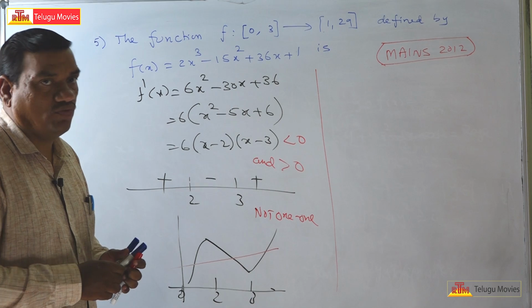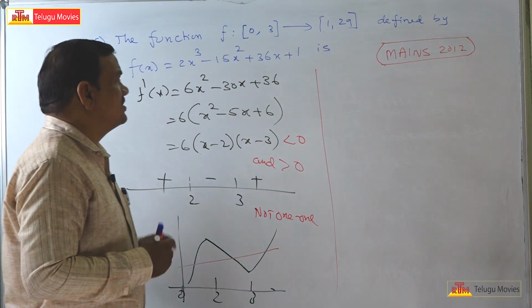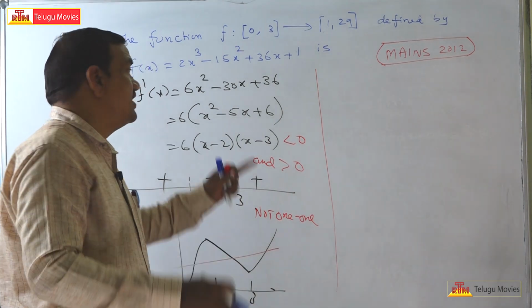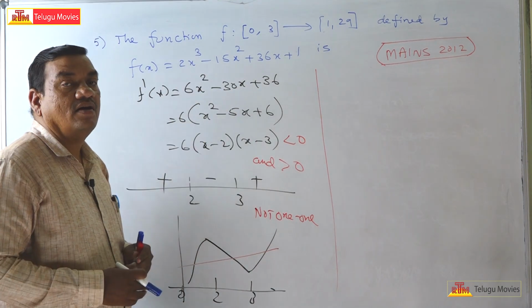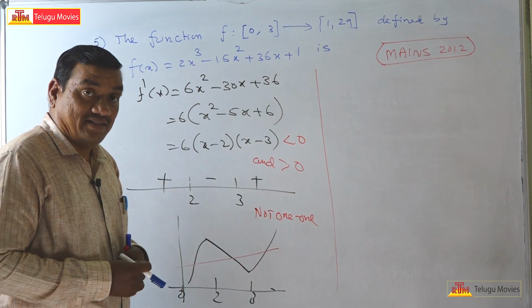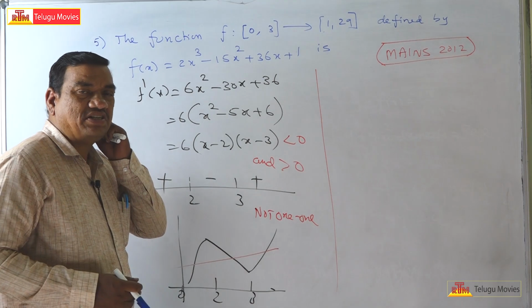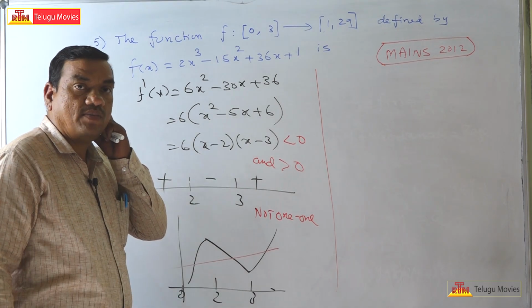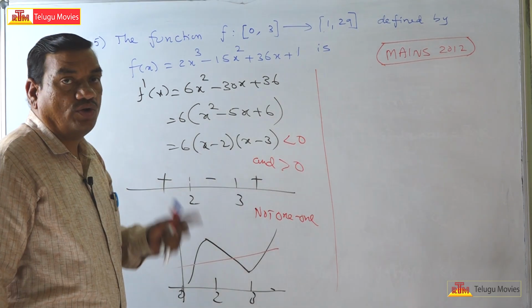Let us come to the onto function. For onto, generally I told you to take y equal to the function and write x in terms of y, but that is very difficult for this type of problem. So for that, we find the range.